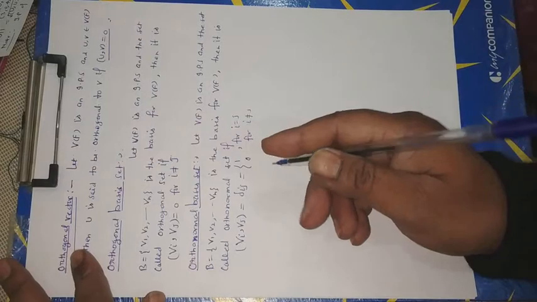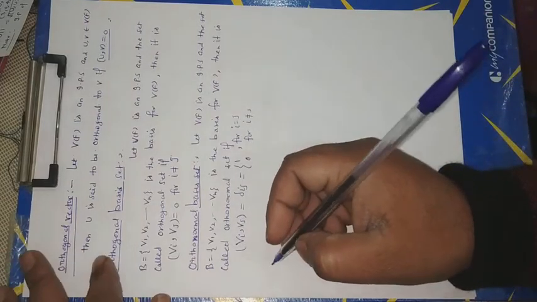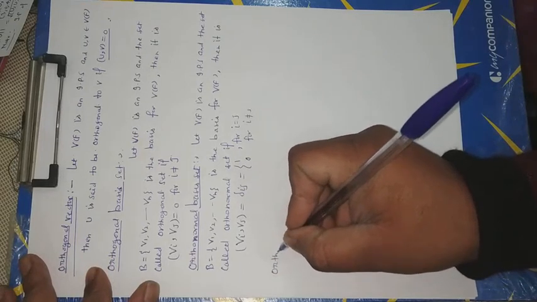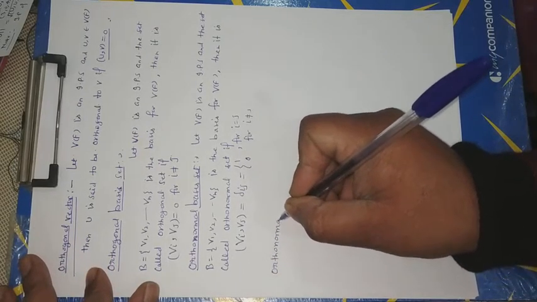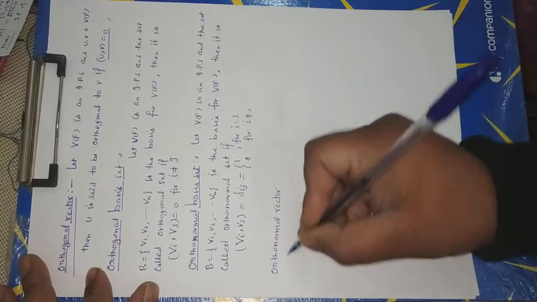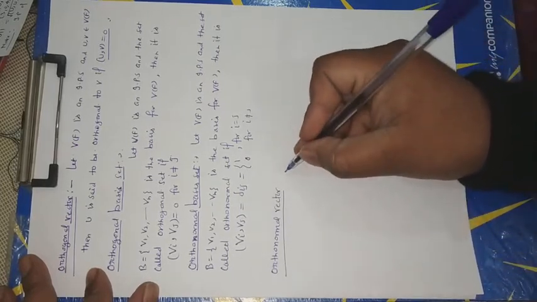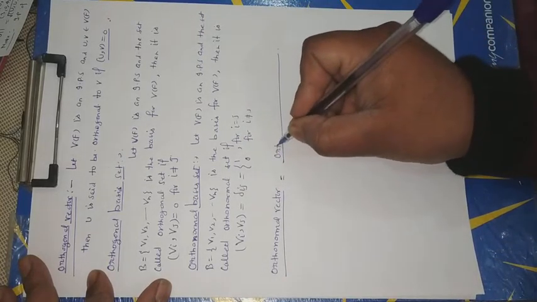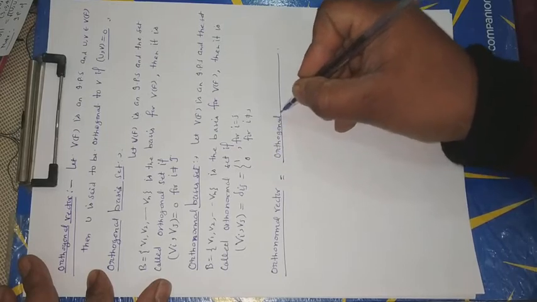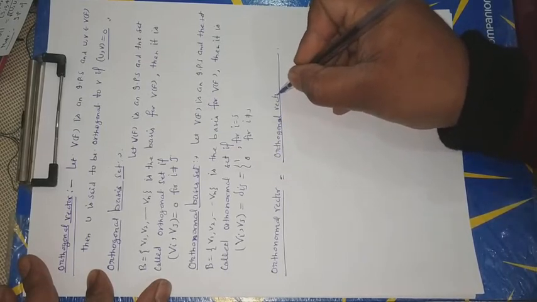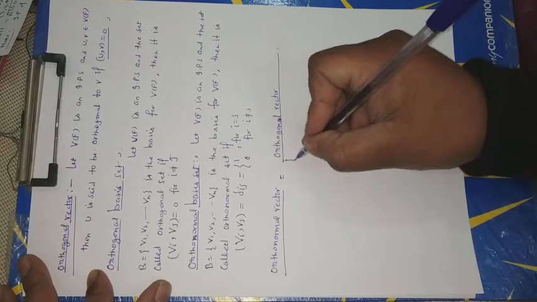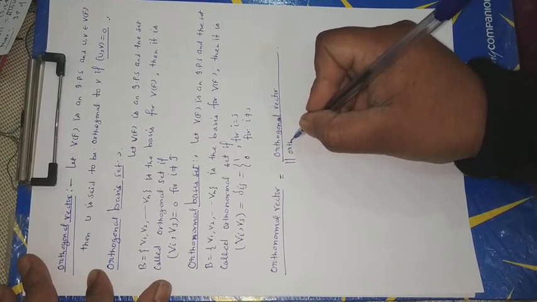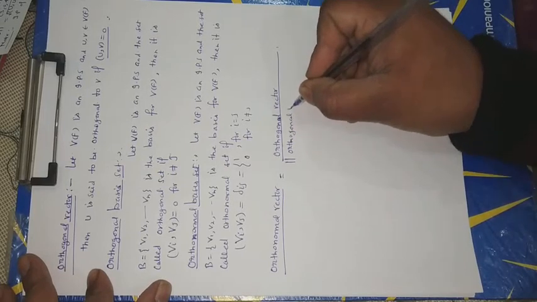Okay, that is, orthonormal vector can be written as orthonormal vector equal to orthogonal vector upon norm of orthogonal vector.